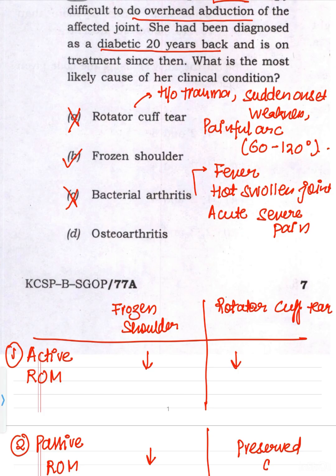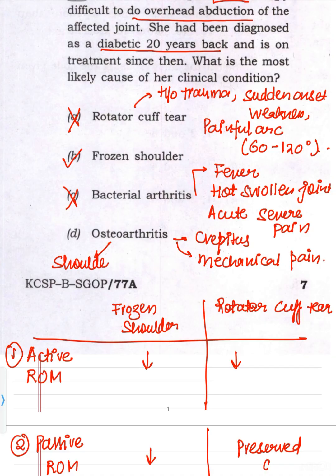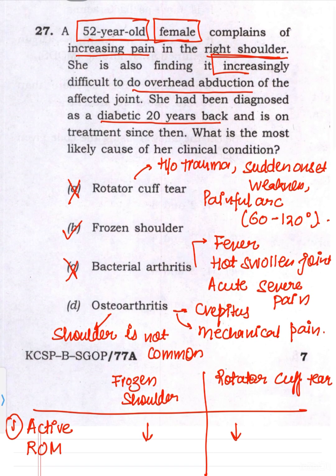If it would have been present, it would have given the history of crepitations, mechanical pain, and osteoarthritis of shoulder is not very common. So the answer will be the frozen shoulder or adhesive capsulitis.